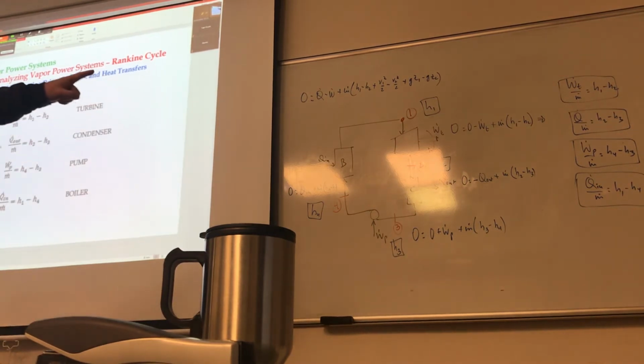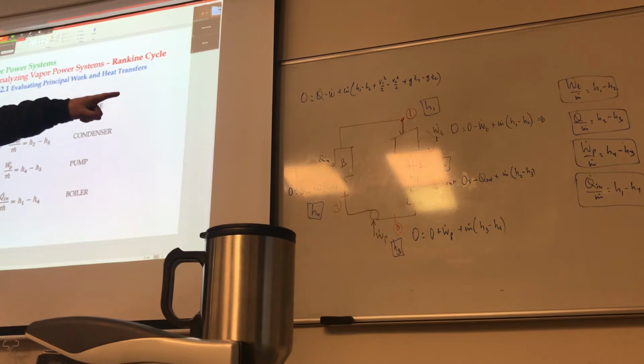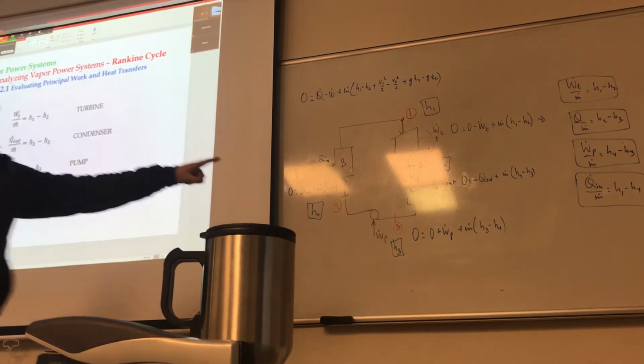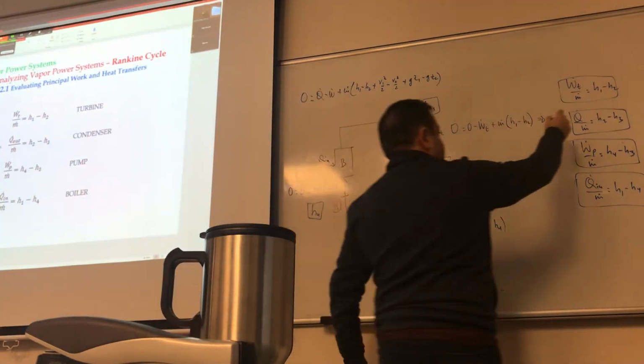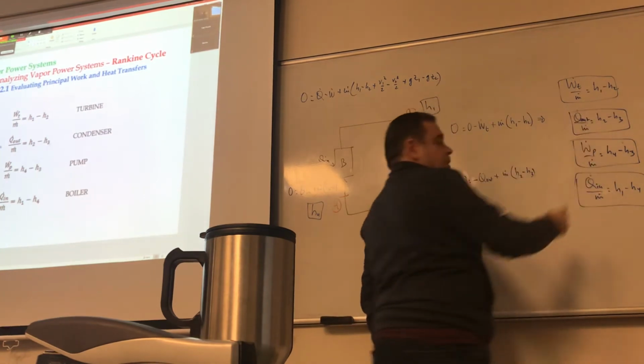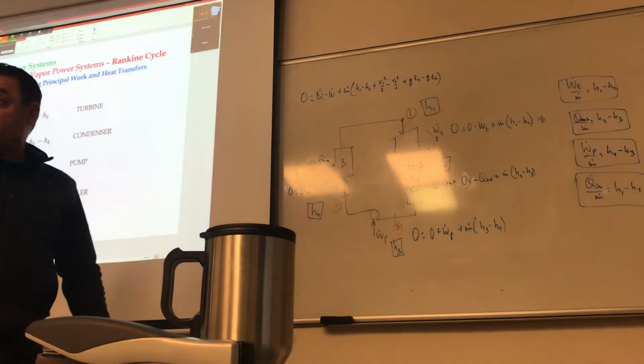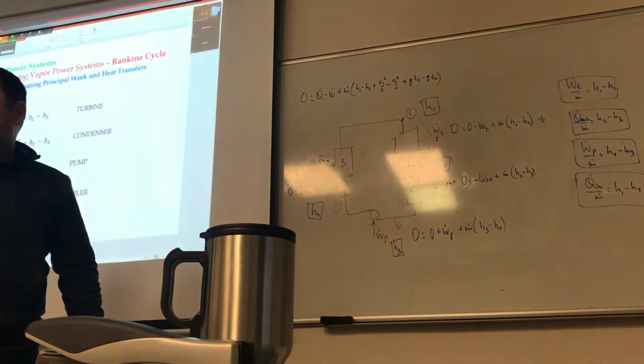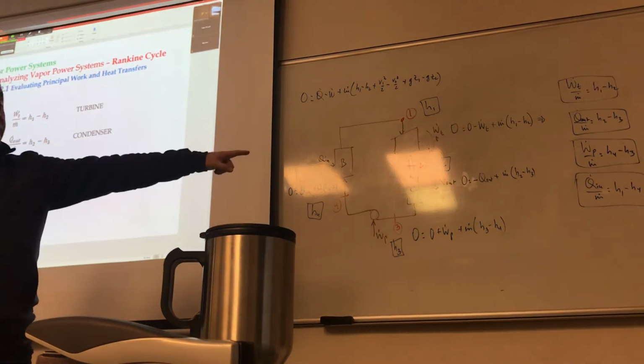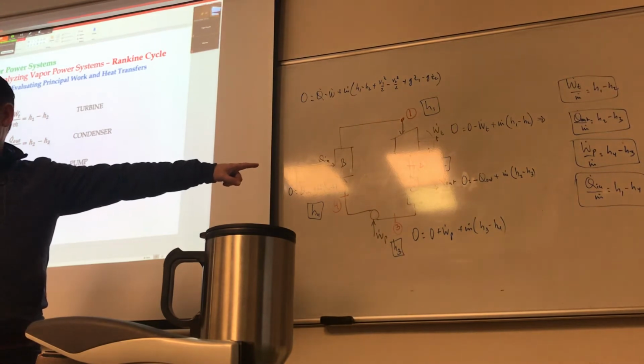Number one, I can find out how much work the turbine is doing. Two, how much heat is lost through the condenser. Four, how much work the pump is using up. Five, how much heat I'm adding to the system.